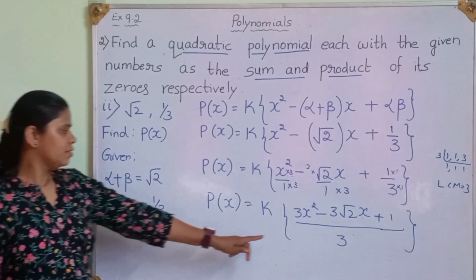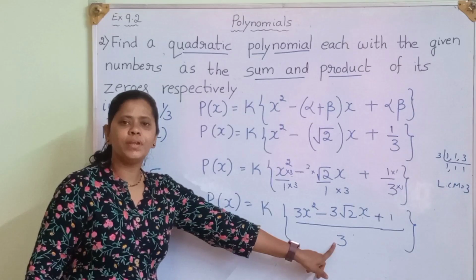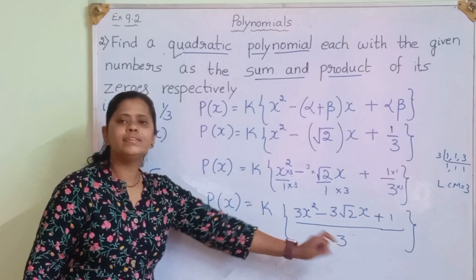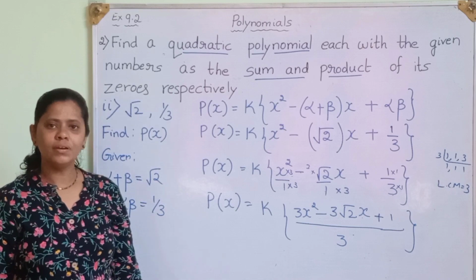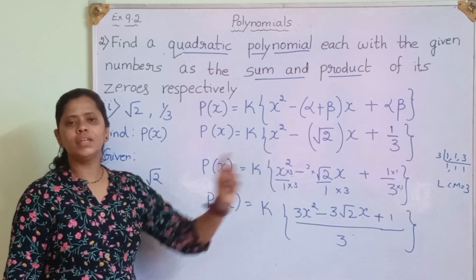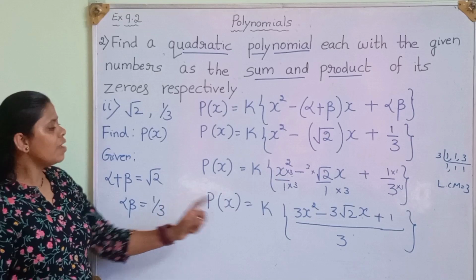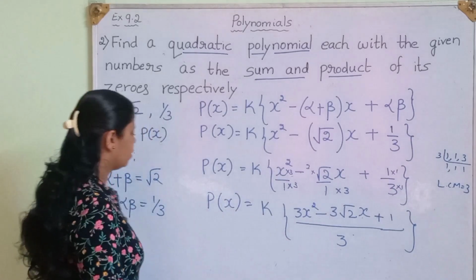Now look at this. Now 3 is in the denominator. I want to cancel this. What we can do? We can put k is equal to 3. Okay. So that we can cancel this 3.